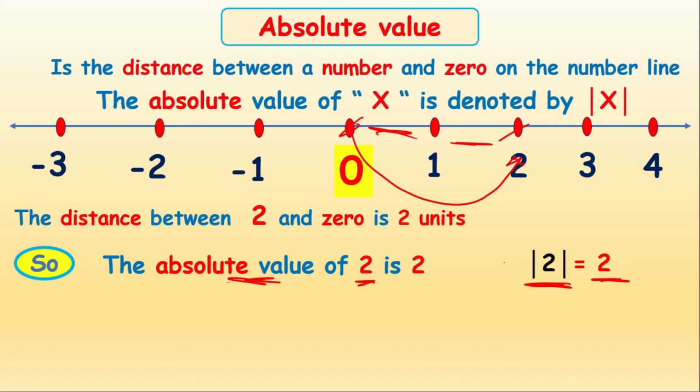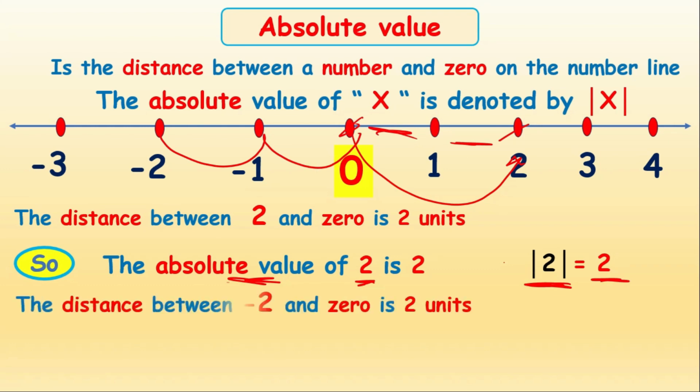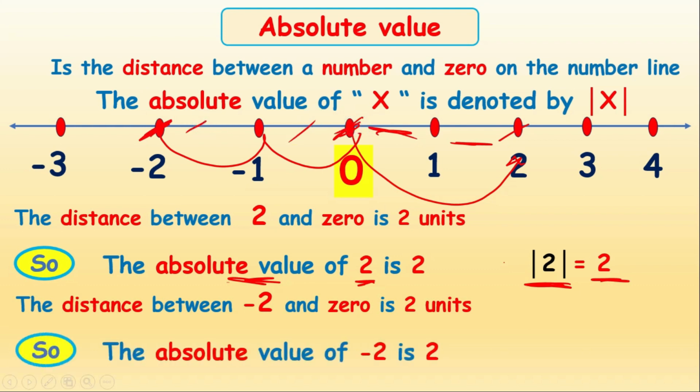Okay? Let's show the distance between negative 2 and 0. Negative 2, 1 step, 2 steps. Again, the same thing: the distance between negative 2 and 0 is 2 units. That means the absolute value of negative 2 is also 2, denoted by absolute of negative 2 is 2.